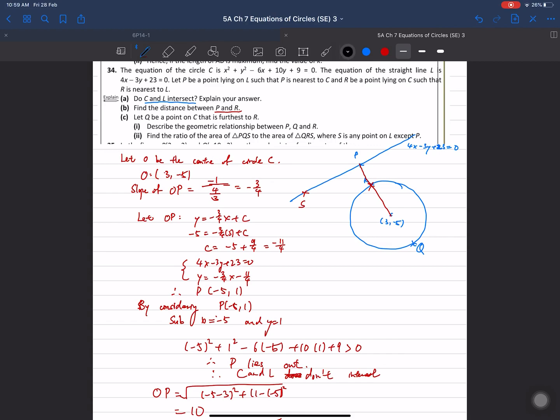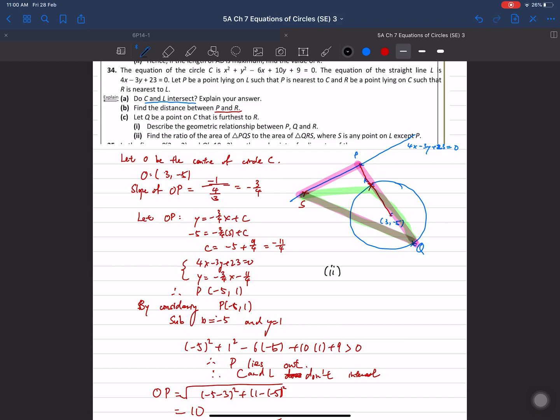I want to find the area ratio of PQS and then QRS. I mean this one, QRS.